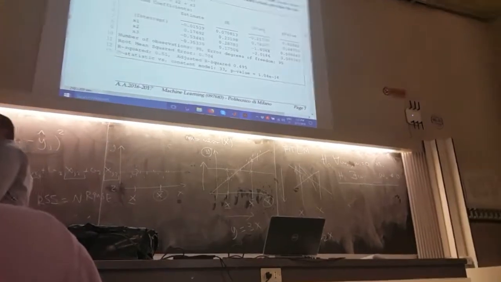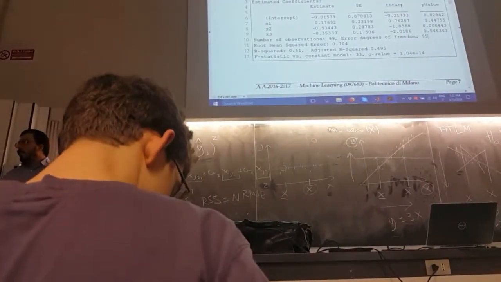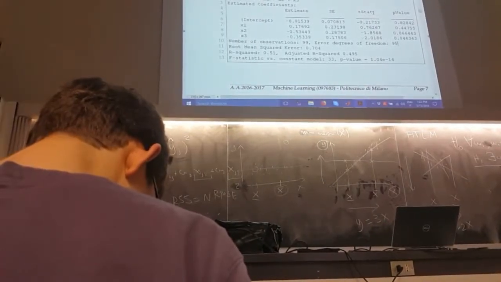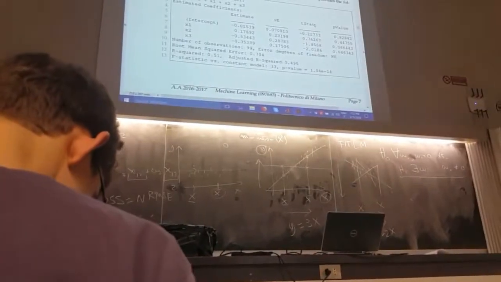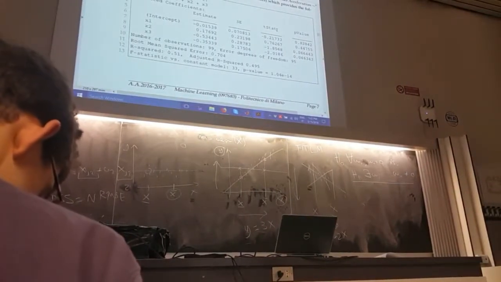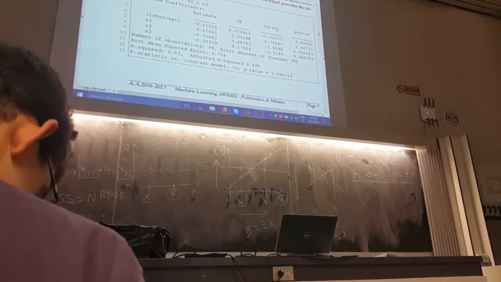I'm not producing a meaningful predictor. The R squared adjusted adjusts with respect to the number of parameters, so if there are a lot of parameters, it will lower the value of the R squared. So it's somehow balancing between the complexity of the model and the accuracy of the model.